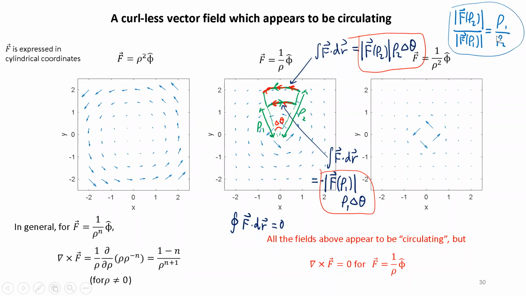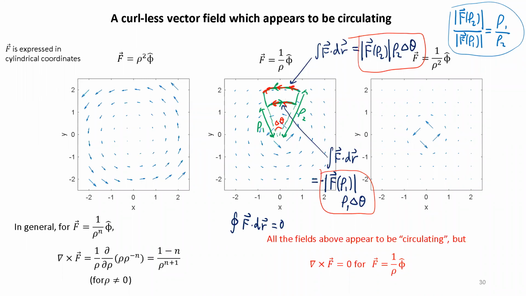And that's exactly the requirement of the 1/ρ dependence. If your field satisfies this, then even though your field looks like it's circulating, the curl is actually 0. This is exactly the 1/ρ dependent field.